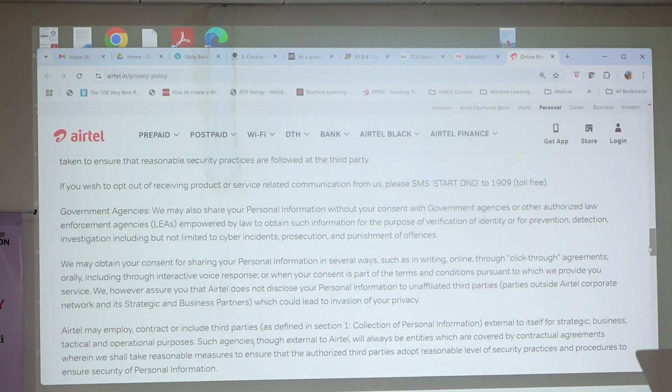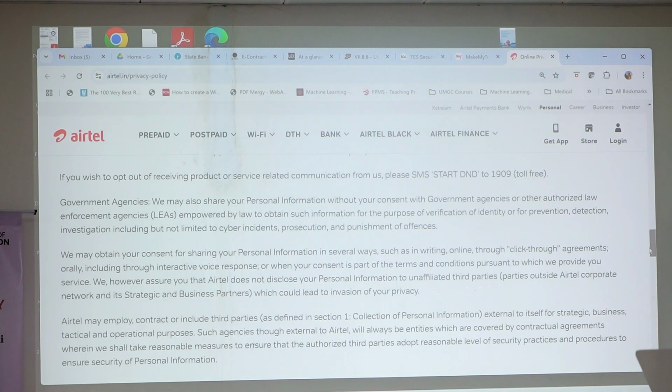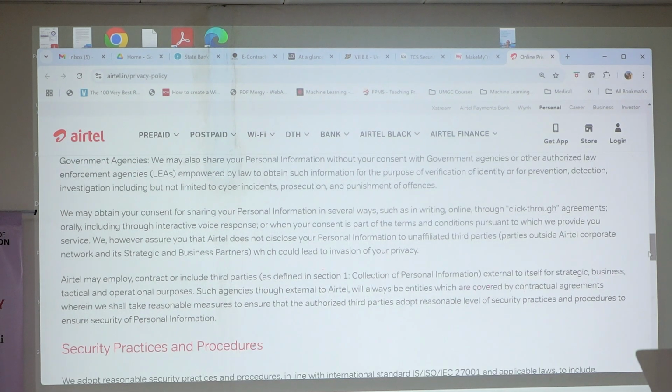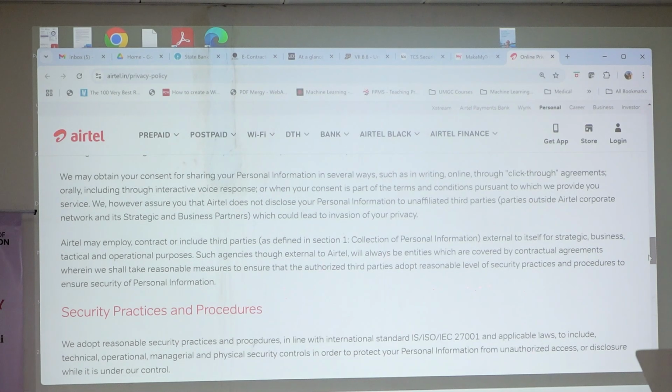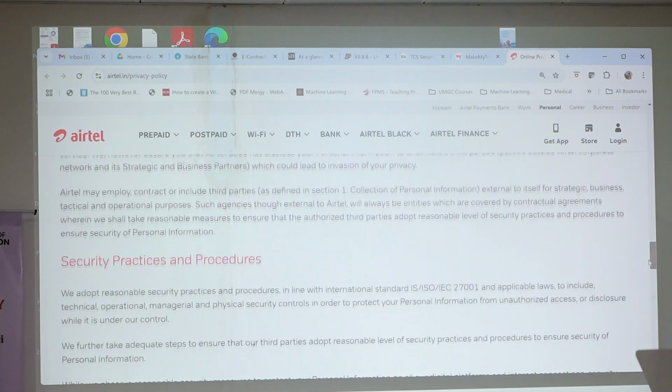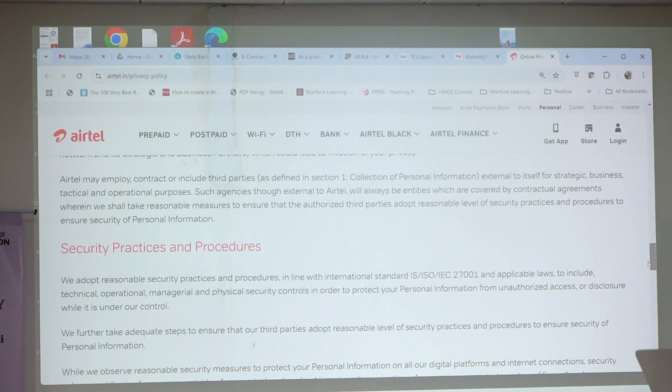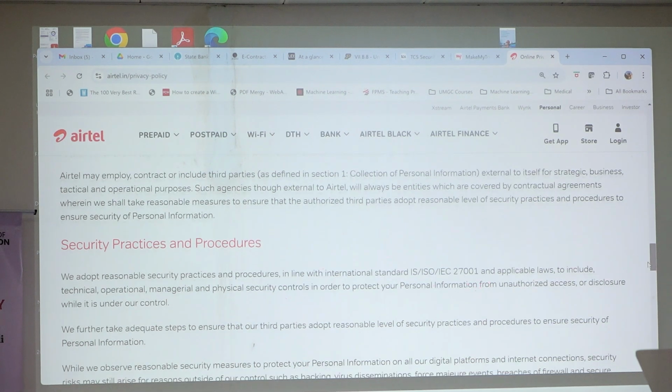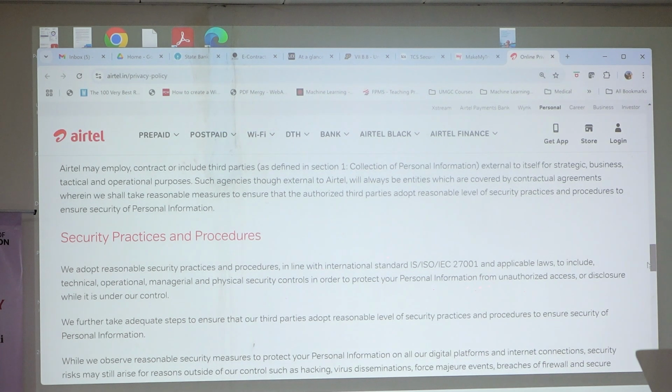So they do say they will ask for your consent, in writing, online, or through a click-through agreement. They may also ask some third parties to collect information from you. Then on security practices and procedures, we take adequate steps to ensure that even third parties adopt a reasonable level of security.